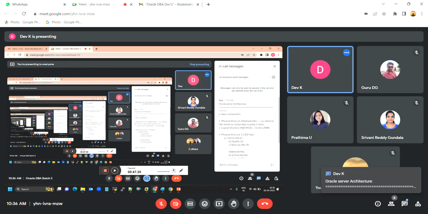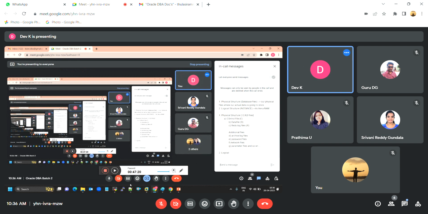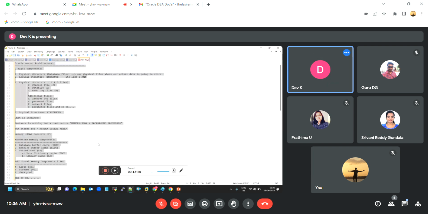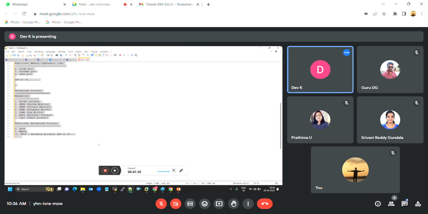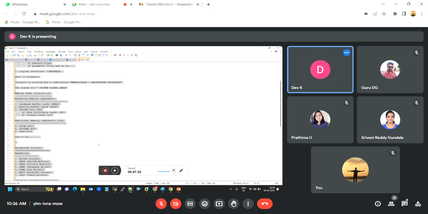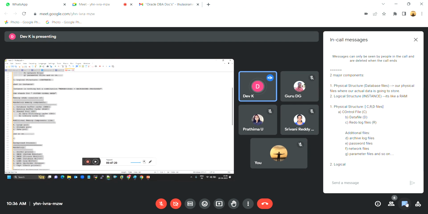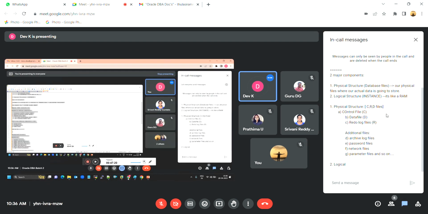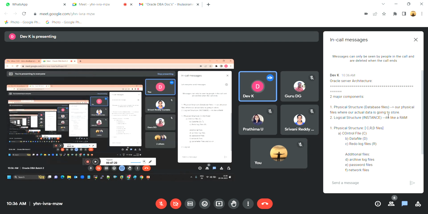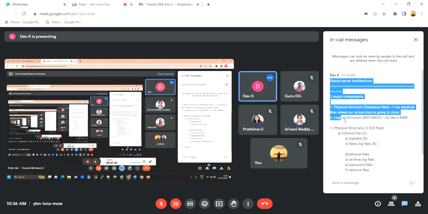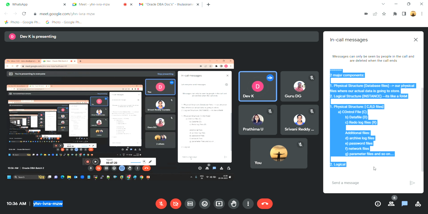Oracle Server Architecture, logical. One second. I think it was not copied properly. Paste. Oh, what happened?